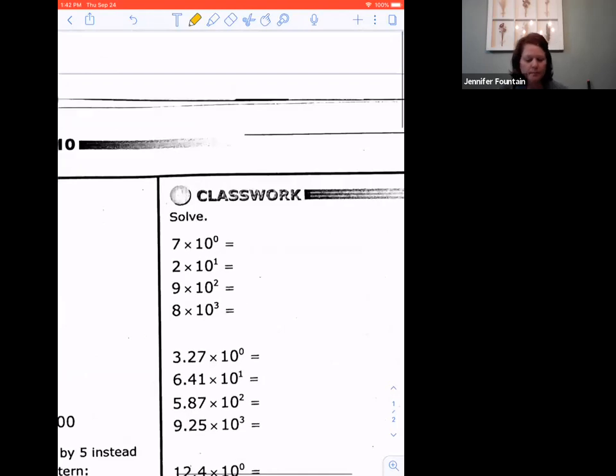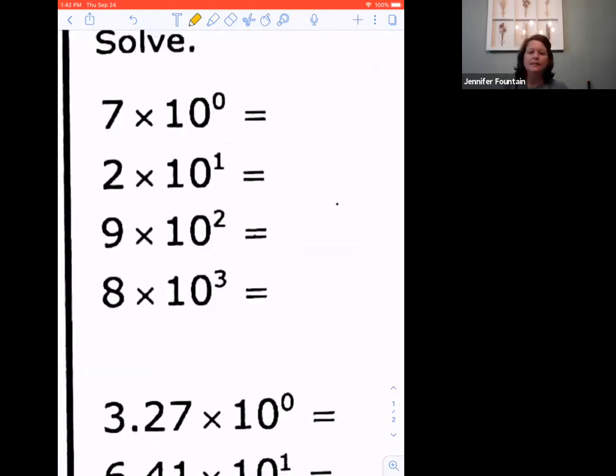All right, 7 times 10 to the 0 power. Remember, 10 to the 0 power equals 1. Anything to the 0 power is 1, so 7 times 1 is 7. 2 times 10 to the first. 10 to the first is 10. 2 times 10 is 20. 9 times 10 squared, or 10 to the second power.